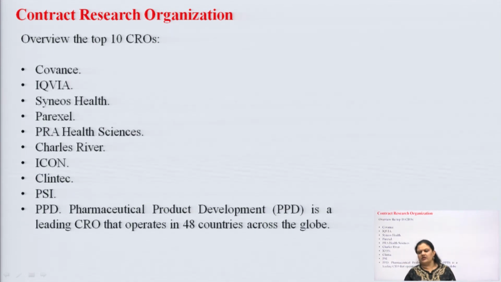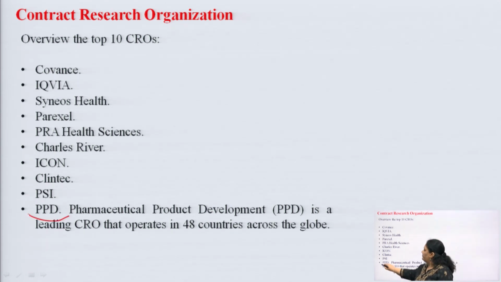Now, coming to the top 10 CROs globally. These are some important names of contract research organizations. One is Covance, then we have IQVIA, Syneos Health, very famous CRO, Parexel, then PRA Health Services, Charles River, ICON, then Clintec, then PSI and PPD.